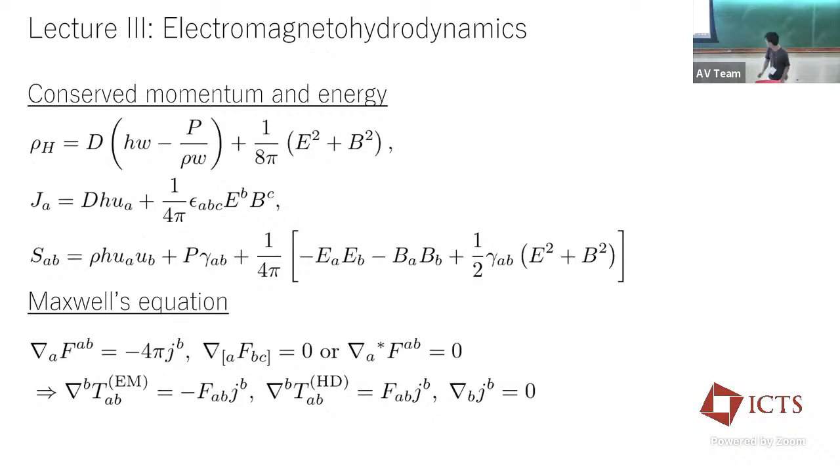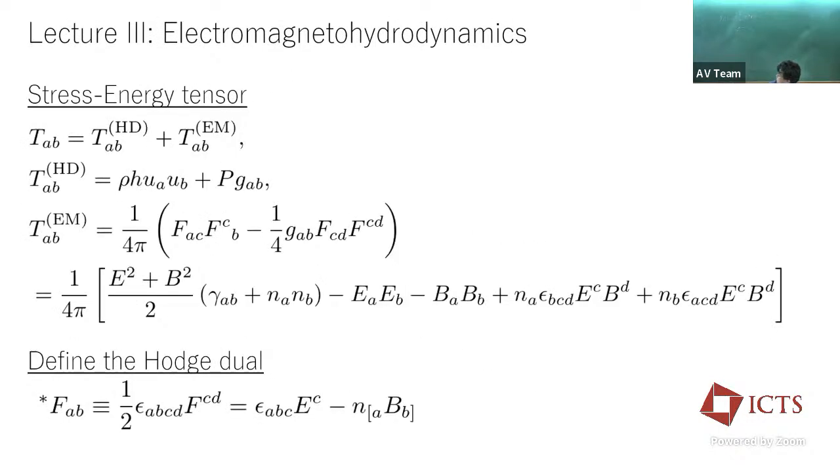Also, the definition of J_a: if you contract gamma and n_b, you can also derive this part from this definition, right?